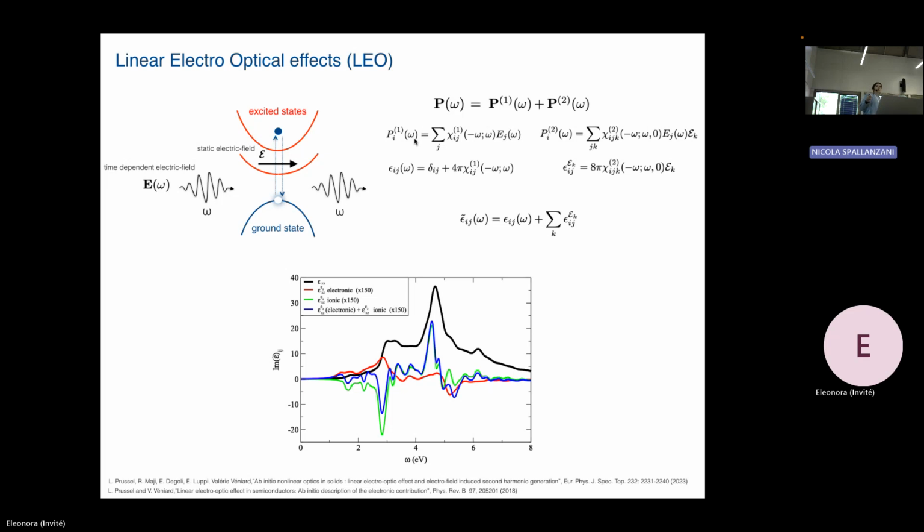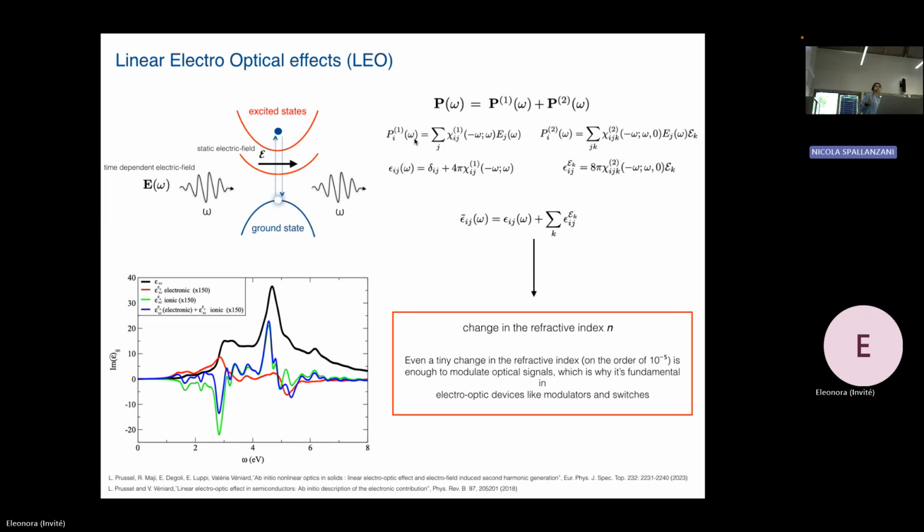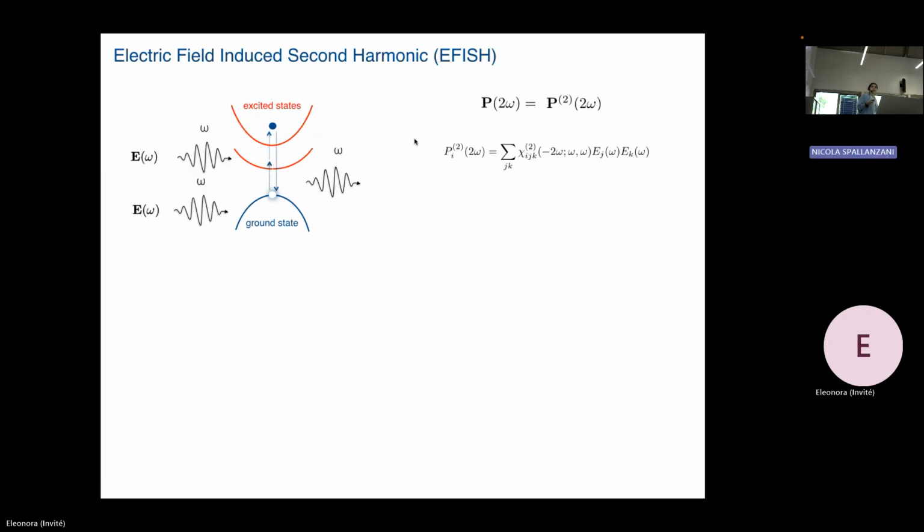You notice also here that I put electronic and ionic, because also in this case you can have electronic and ionic contributions that affect your response. It's really small, but even so, this smallness is significant enough to make some change in the refractive index, and this effect is largely used in optical devices.